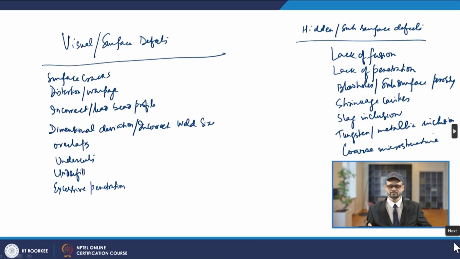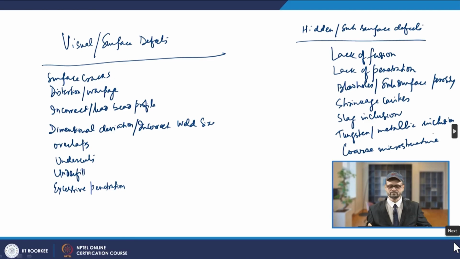We can classify these defects into two categories: visible defects and hidden defects. Visible defects are those which we can identify with the eye, and hidden defects are those embedded in the weld bead.